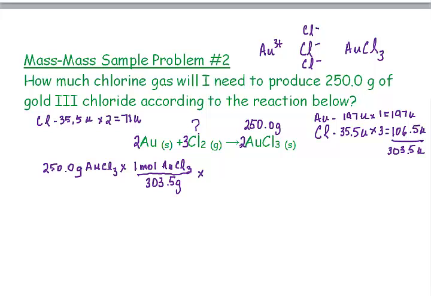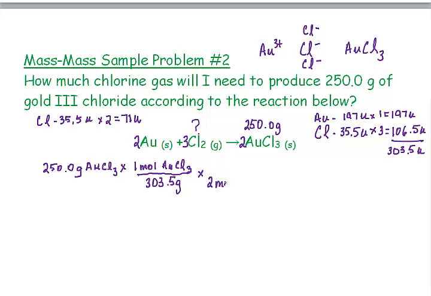Next step, it's the step that we have a special name for. It's the mole ratio step. It's the one and only step where I get to use the coefficients from the balanced equation. Since I'm looking to go from moles of gold 3 chloride to moles of chlorine, I need to get my moles of gold 3 chloride to cancel out. So I'm going to put them in the bottom.